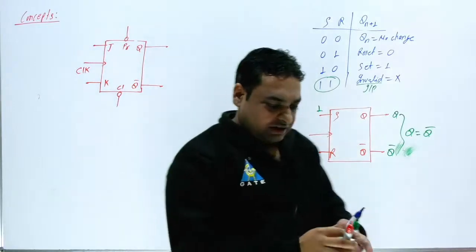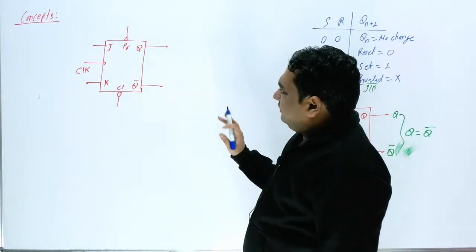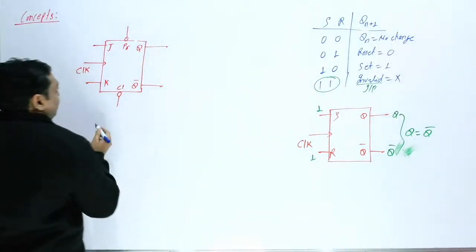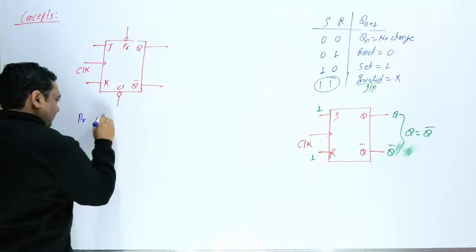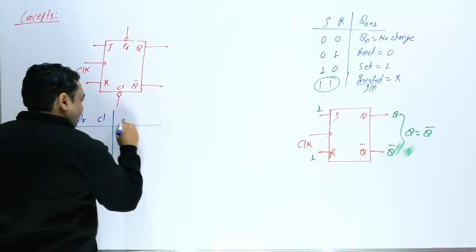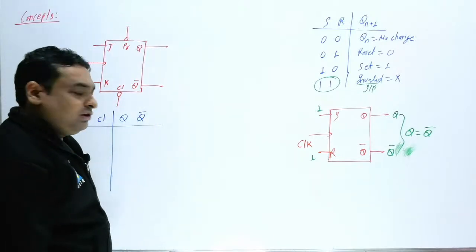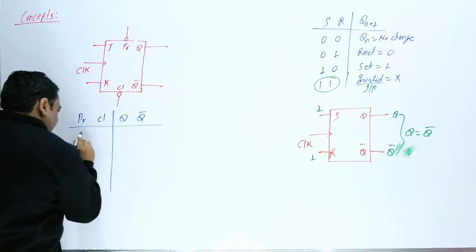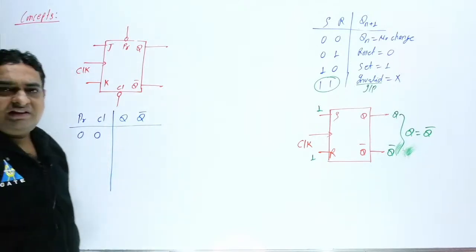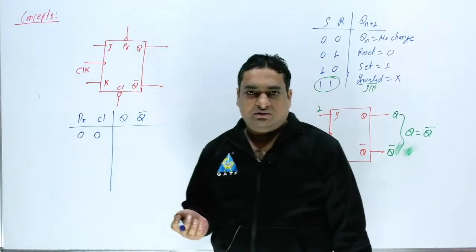Now my question here: suppose this is preset and this is clear. In this case, what will be Q and what will be Q bar? If preset is 0 and clear is 0, then what will happen? It means you are doing preset as well as clear.